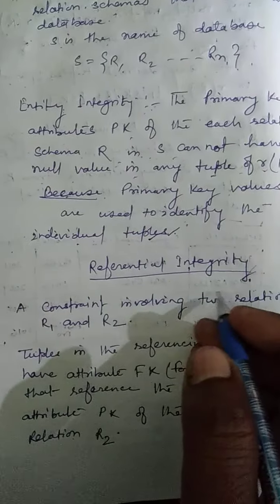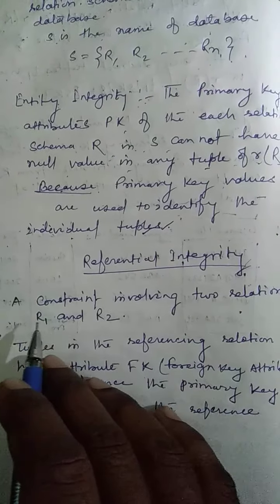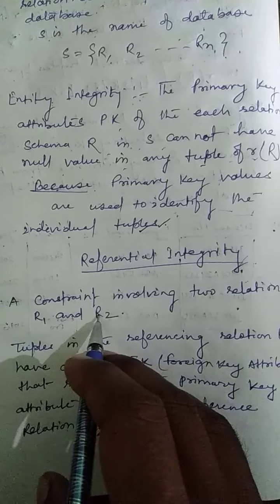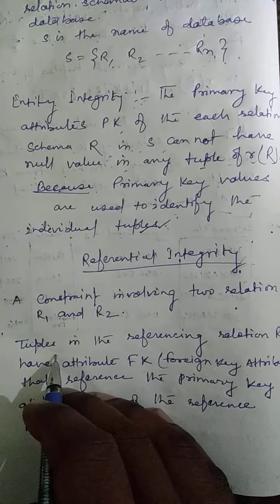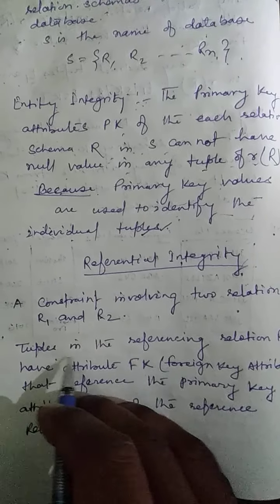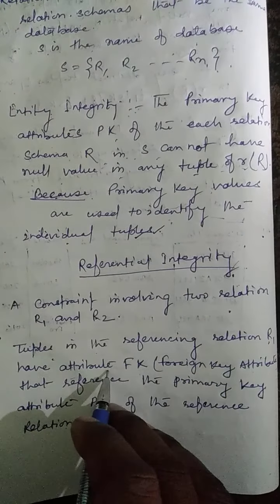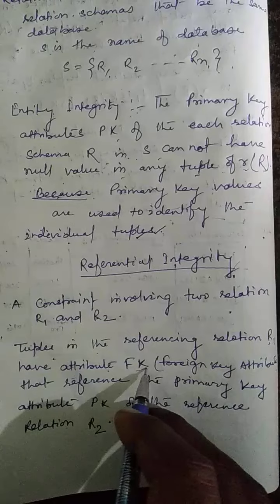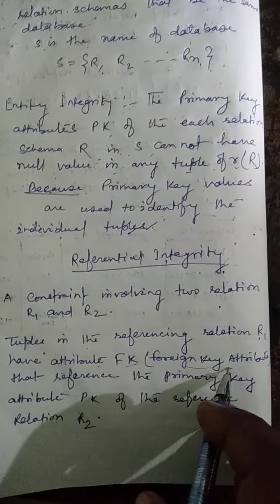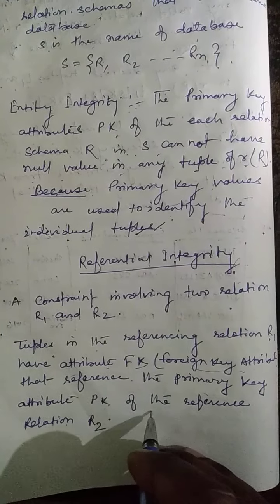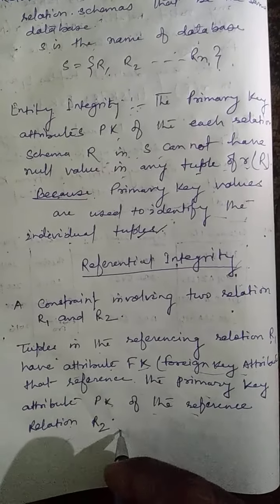Referential integrity. A referential integrity constraint involves two relations R1 and R2. Tuples in the referencing relation R1 have foreign key attributes FK that reference the primary key attribute PK of the referenced relation R2.